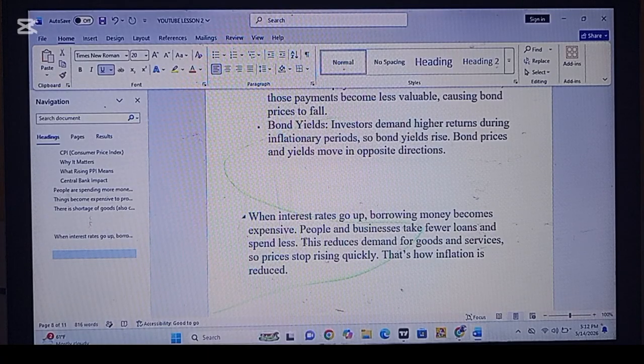They increase interest rates. So when interest rates go up, borrowing becomes expensive. People do not borrow, because how will you go and borrow when maybe the bank is at 20%? How will you make money in that environment? It is very difficult actually.